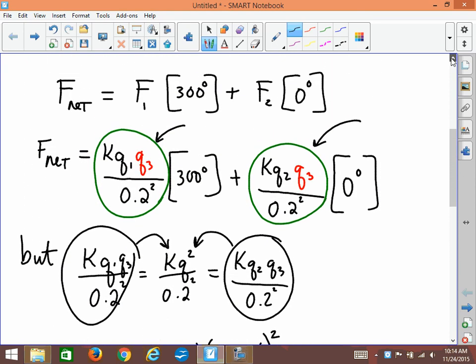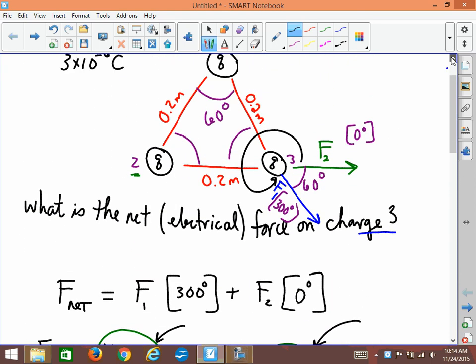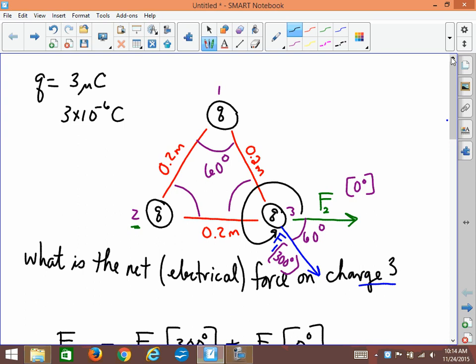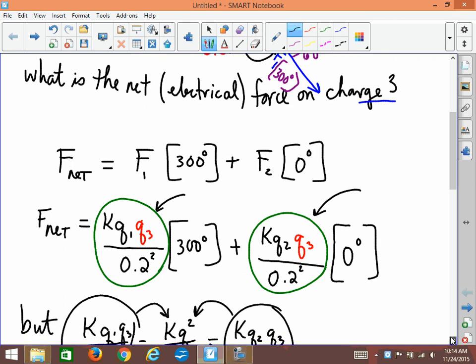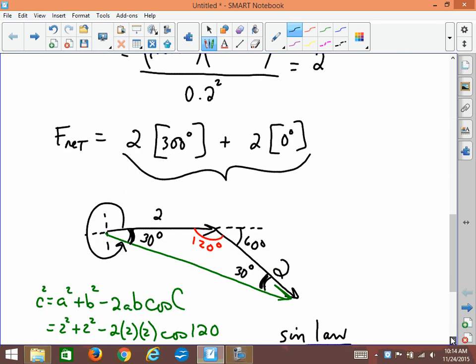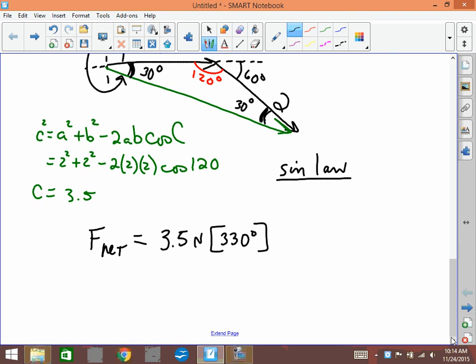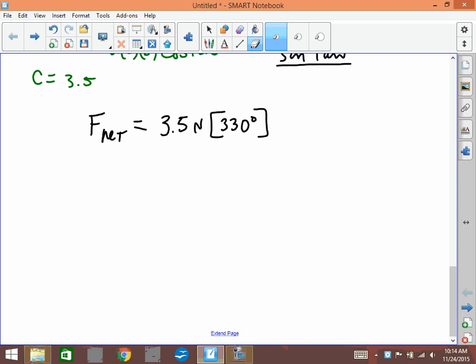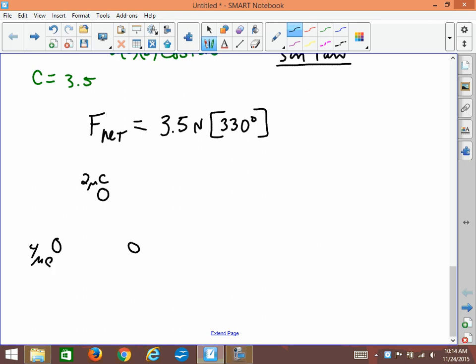Now that's pretty straightforward. Let's go back to the problem and look at some of the variations that might happen. One of the things that could happen is that the charges might not all be equal. So let's draw a couple of pictures just to show how this could change when you study this question and look at all the different options. You could have 3 different charges: 2 microcoulombs here, 4 here, and 6 here.